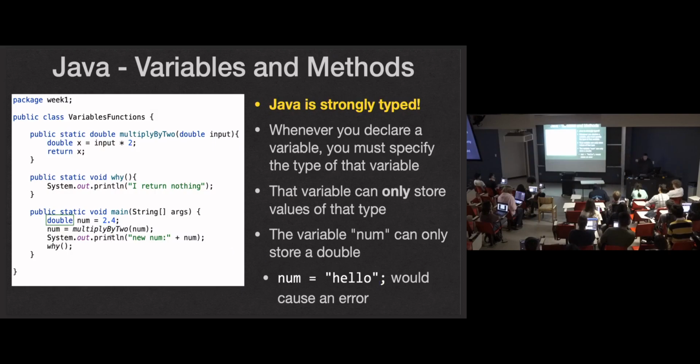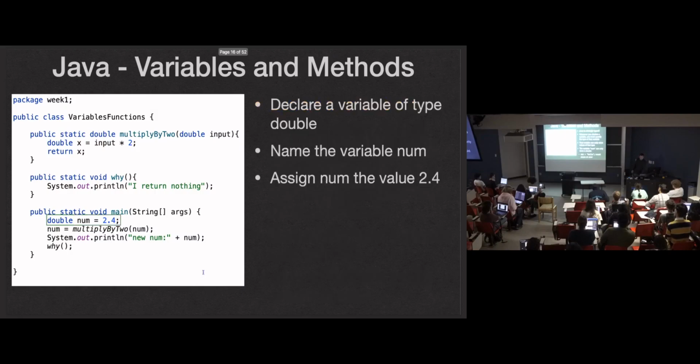So we're not just declaring variables, we're declaring variables and specifying their type. I'm not just saying declare a variable named num and assign it the value 2.4. I'm declaring a variable of type double named num and assigning it the value 2.4. And luckily 2.4 is a valid double, so I can store that in the variable num.